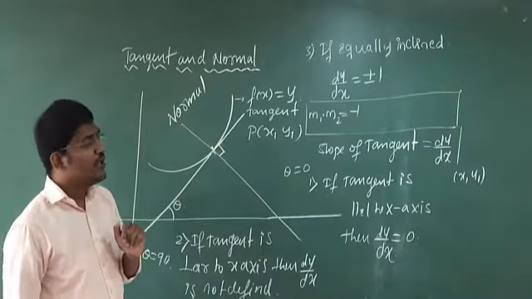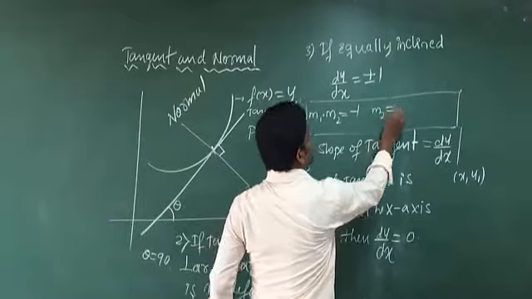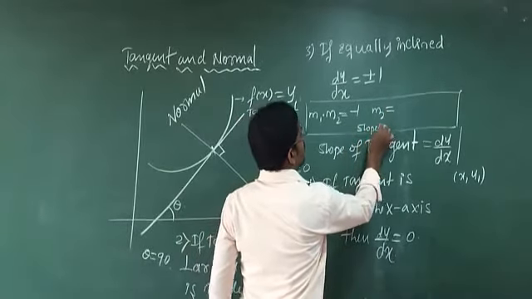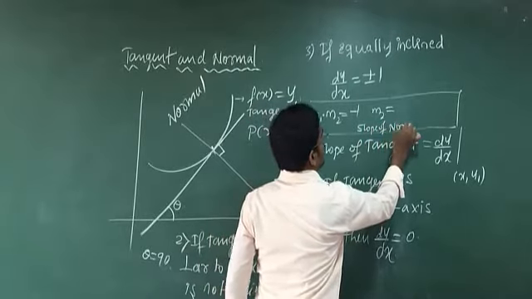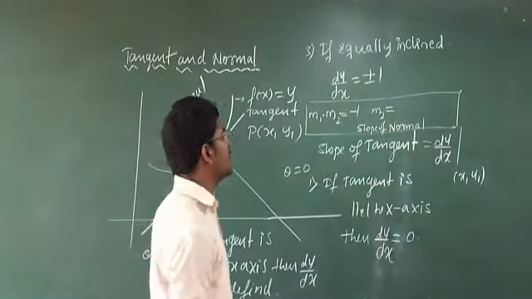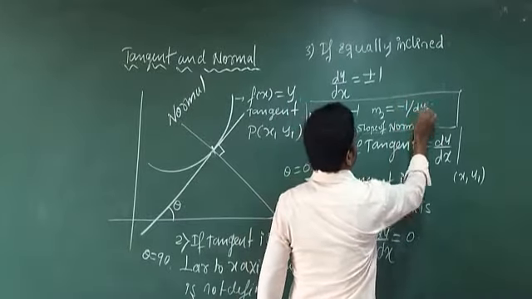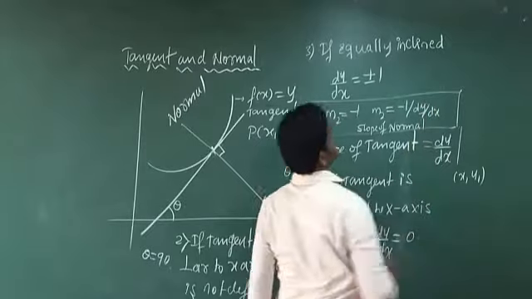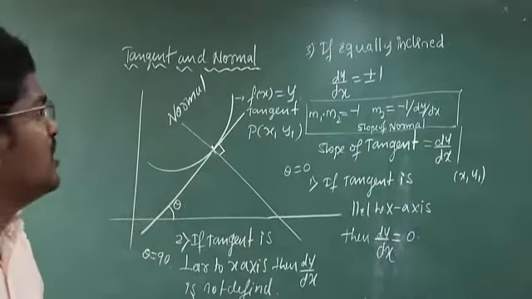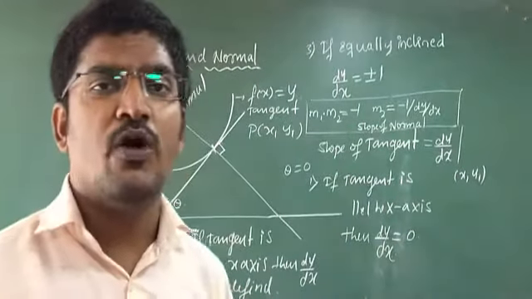So if you want to calculate the slope of the normal, M2 will be equal to minus 1 by dy by dx. Clear? So that is the relation between the slope of the tangent and the slope of the normal.